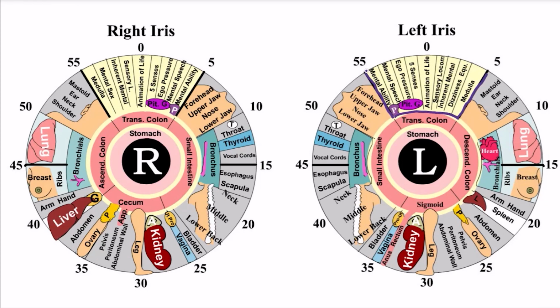As well as the brain zones, we also have the head and brain. And so we have the anatomy of the brain also represented in this area. And then, of course, we're just going to be focusing on the pineal gland today.